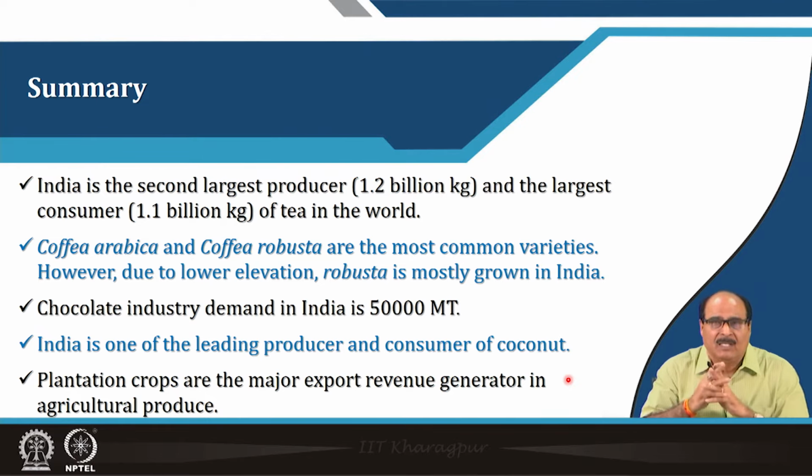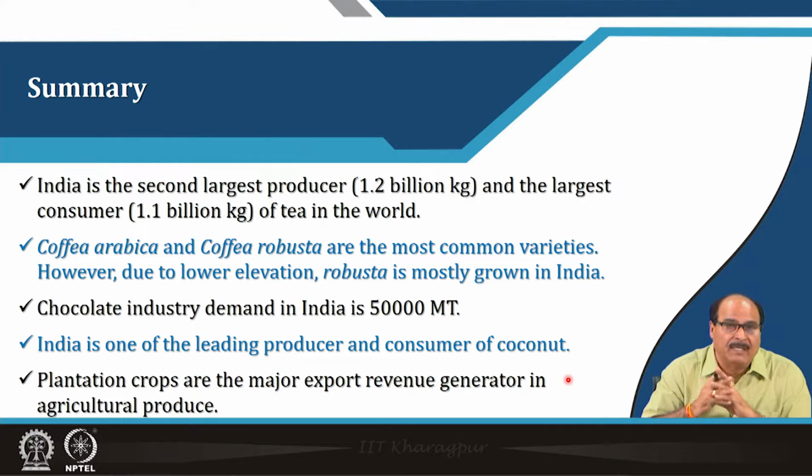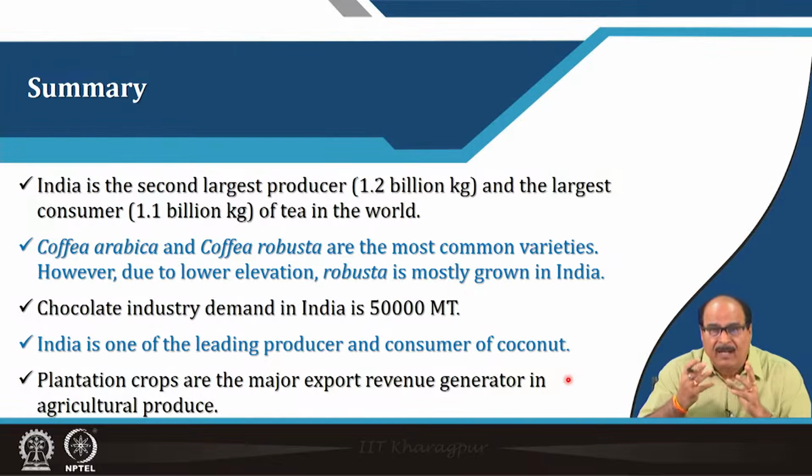Okay. So, with this I will summarize this lecture. India is the second largest producer, with 1.2 billion kg, and the largest consumer, 1.1 billion kg, of tea in the world. Coffea arabica and Coffea robusta are the most common varieties. However, due to lower elevation and being a disease resistant variety, robusta is mostly grown in India, and its decoction has found favor in the Indian market.